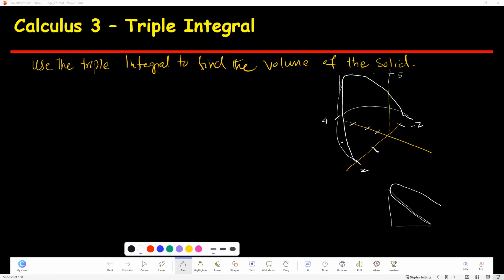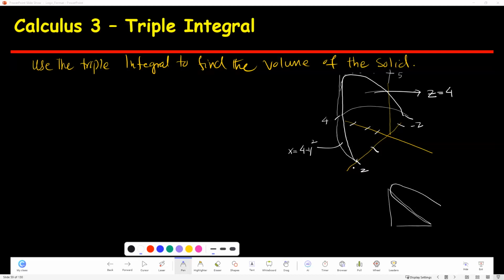3 equations are given. The equation of this face is given: x equals 4 minus y squared. The equation of the top plane is given: y equals 4.